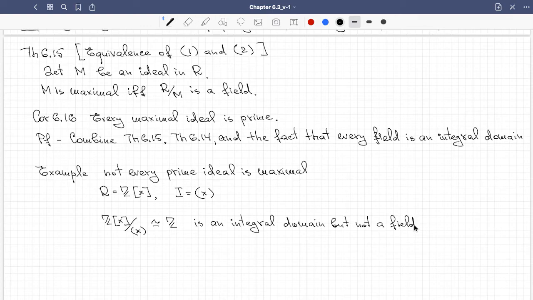From theorem 6.14 we can conclude that this ideal is prime. The factor is an integral domain.